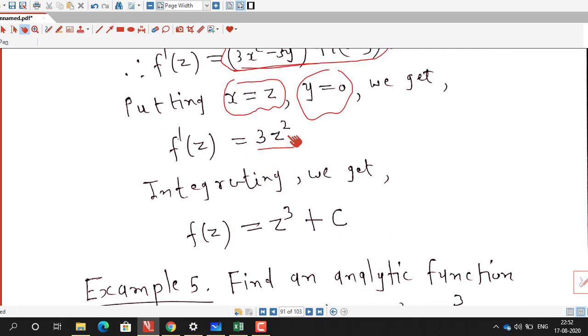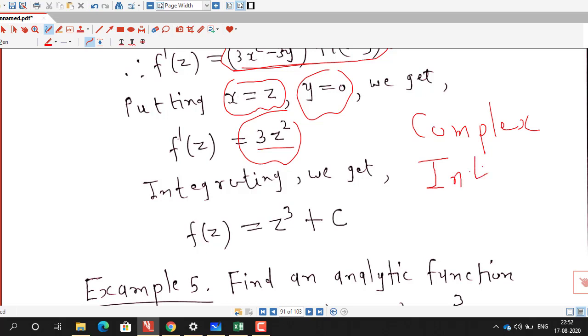Here we are using the fact that this z square function is analytic everywhere, so we can find its integral using the antiderivative concept. You can see the lecture series on complex integration on my channel. I have uploaded enough lectures on complex integration.